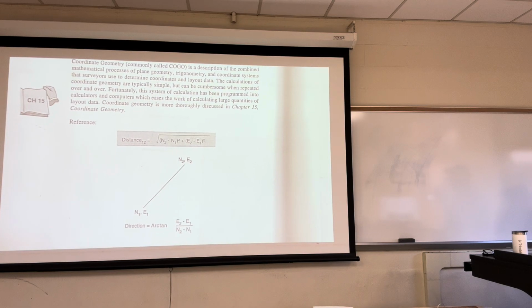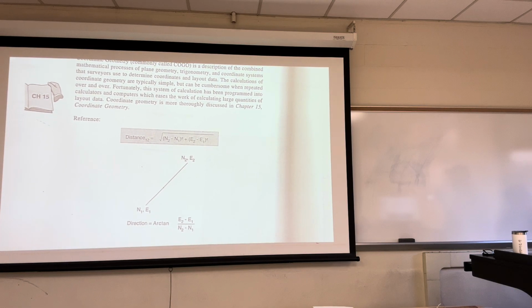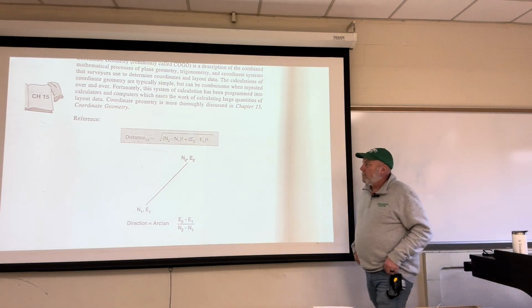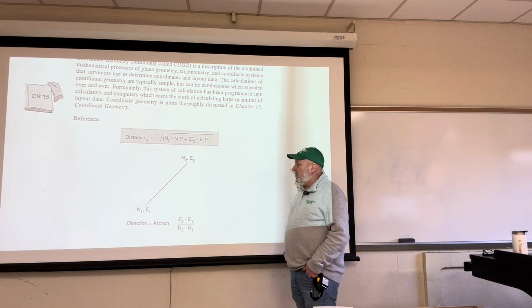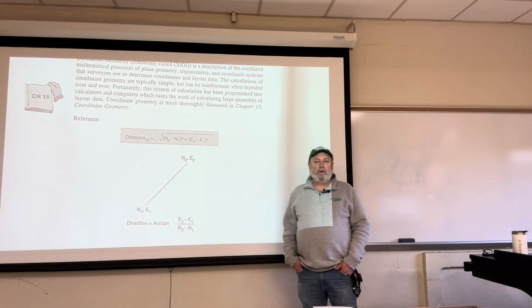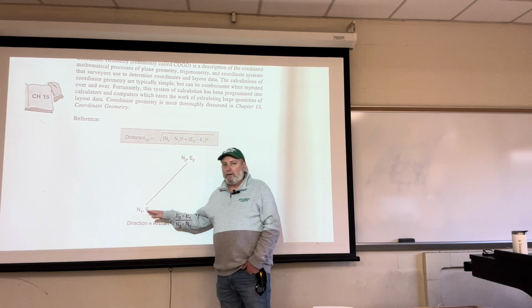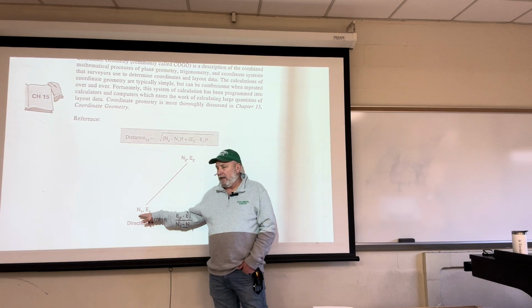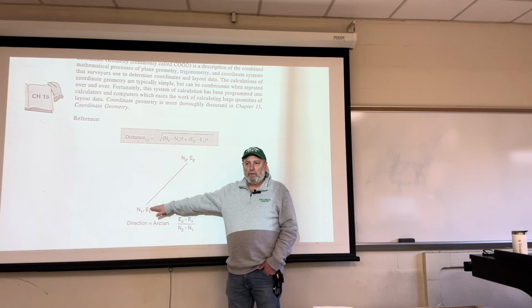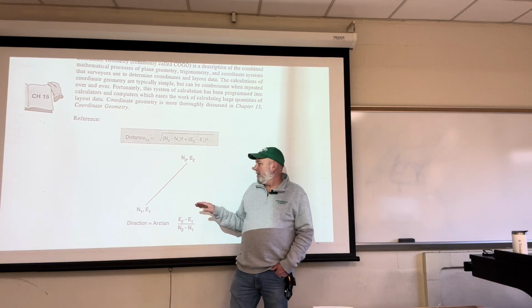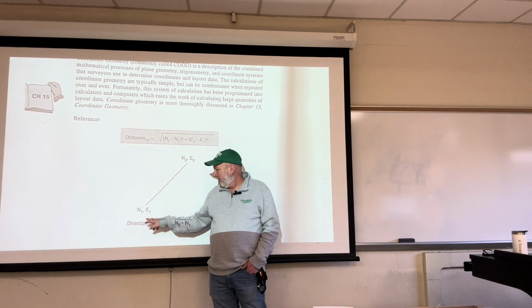Another thing we're gonna get into here is coordinate geometry. This gets into when we start having coordinates, a northing and an easting. Or if you think of elementary school math or high school math, and a graph paper, you had X and Y values for a point. Well, great, now in surveying, we're gonna take the X and Y and we're gonna flop them.